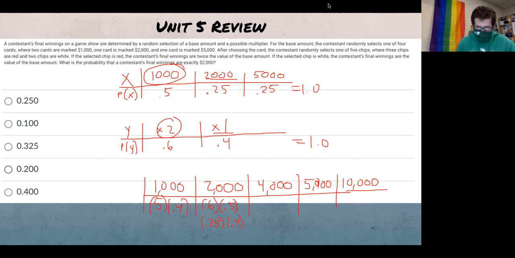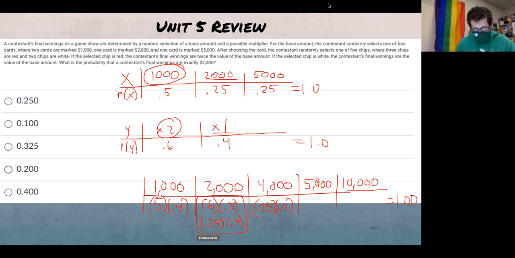Okay, and honestly, from there, I don't need to worry about the rest of the probability distribution, but if I keep going down, like 2,000 times 2, it's going to be 0.25 times 0.4, and then this is going to be the rest of it right here. This will all add up to 100% again. But now I just want to figure out these two.